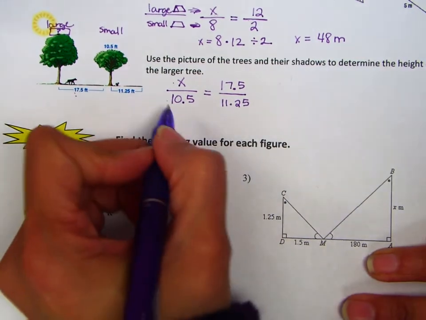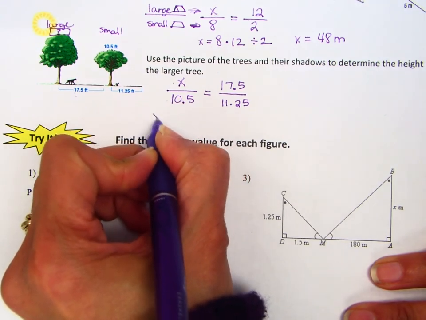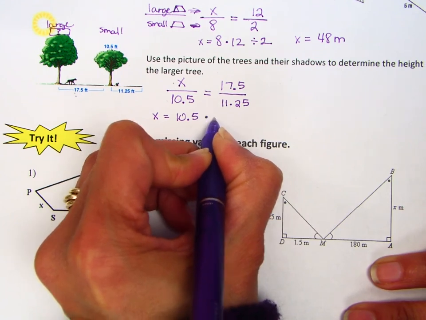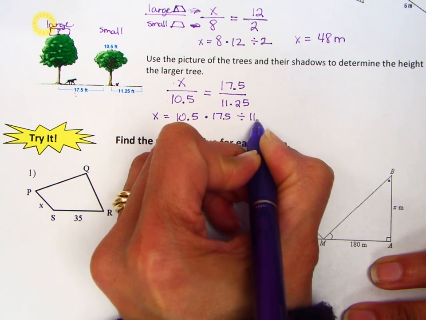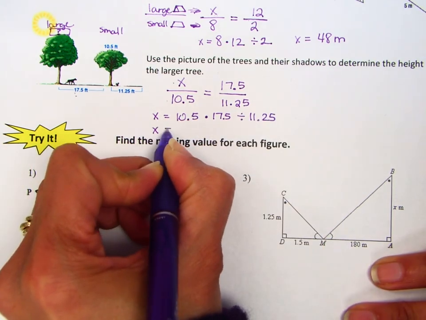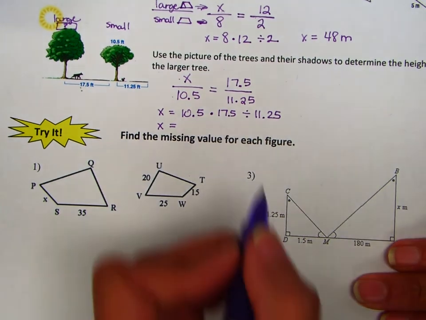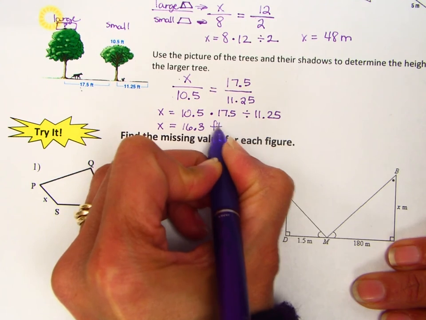And then we cross multiply and divide. So x will be equal to 10.5 times 17.5 divided by 11.25. And if we put all of that into the calculator, we should get 16.3 feet.